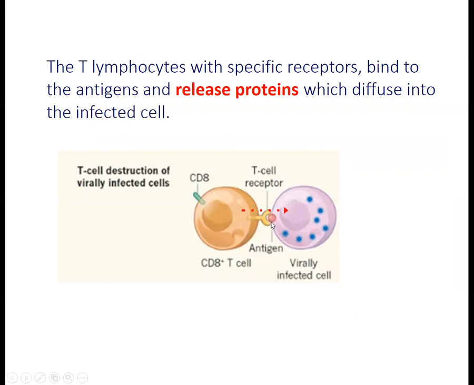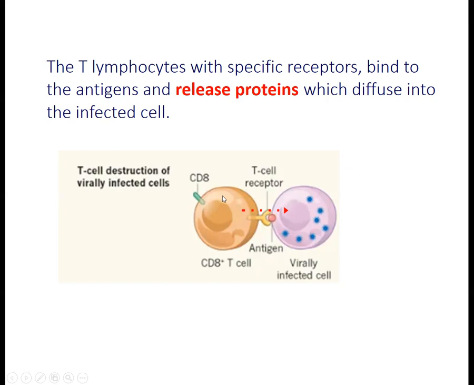So this T cell detects a foreign or non-self antigen on the membrane of this infected cell. The pathogen that has infected the cell has left behind an antigenic marker that tells the T cell that this cell has been infected, because it's a non-self antigen.